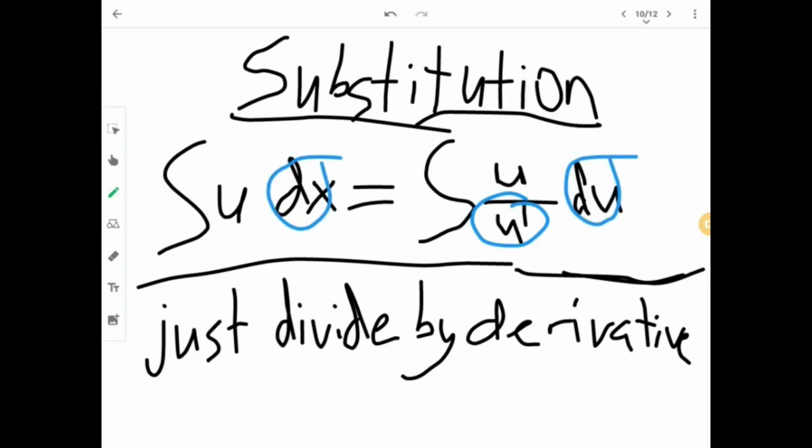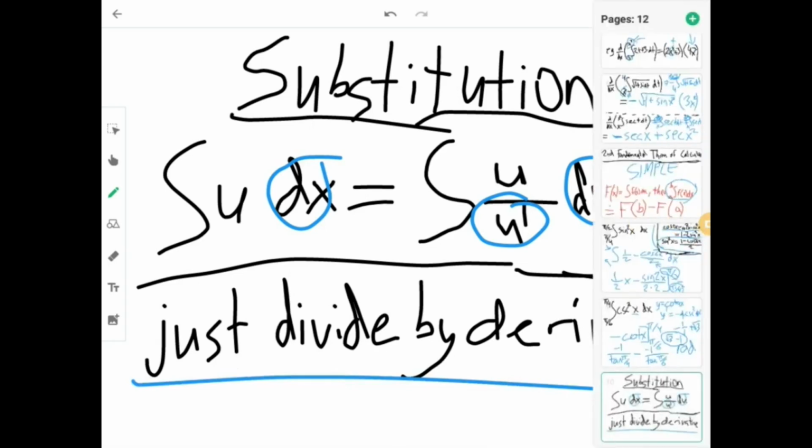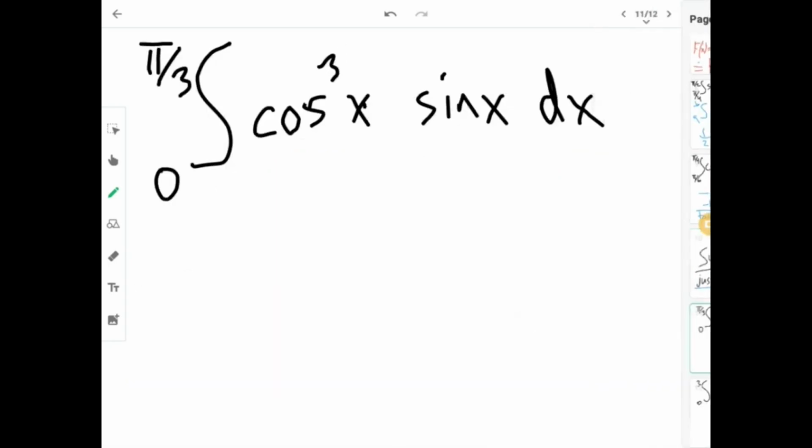Obviously u is in terms of x, so you can't just take it out, otherwise it would be a constant. So an example: cosine x cubed sine x. In these exams they'll have sine x in the function, so when you divide by the derivative, it will be very simple for you. It will cancel out perfectly.